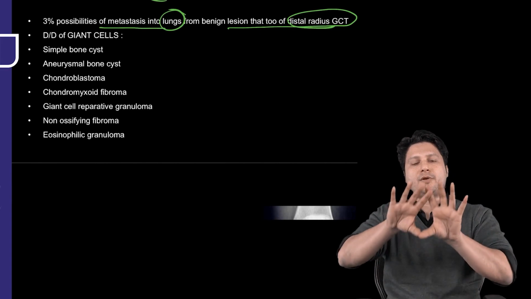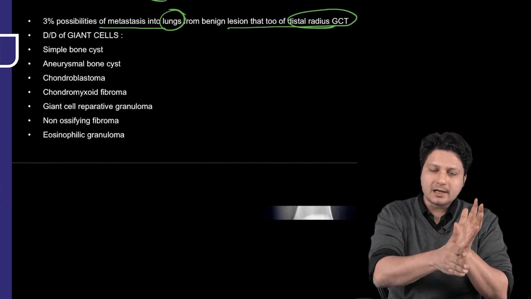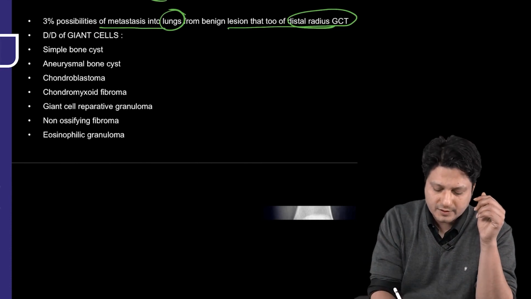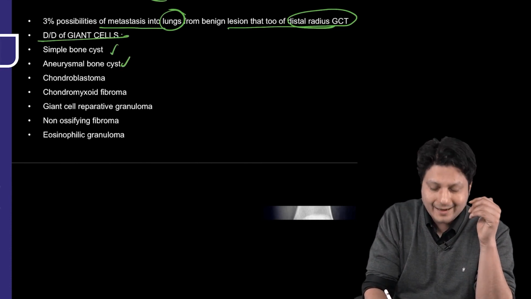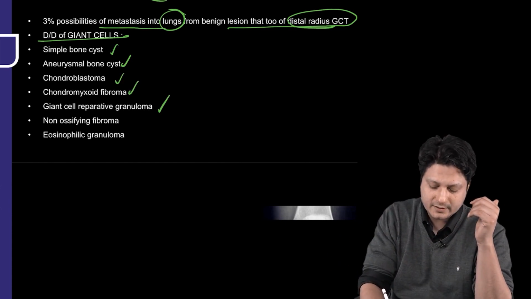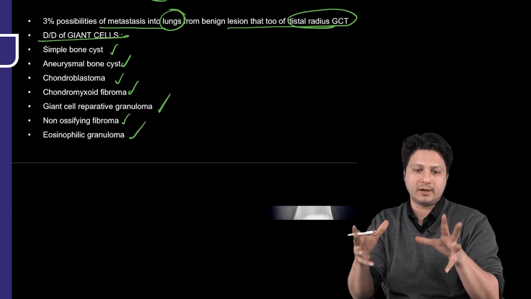Next, what are the differential diagnoses of the GCT based on its X-ray, clinical and histopathological appearances? The differential diagnoses involve the simple and the aneurysmal bone cyst, chondroblastoma, chondromyxoid fibroma, giant cell reparative granuloma, non-ossifying fibroma and eosinophilic granuloma.